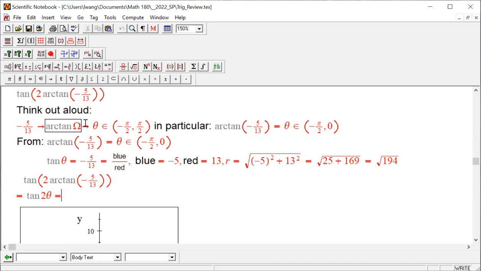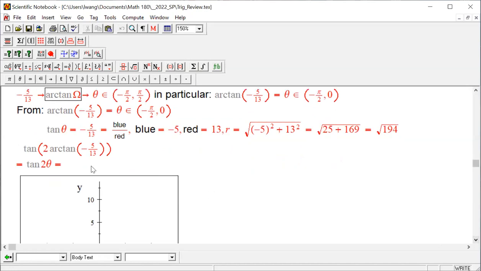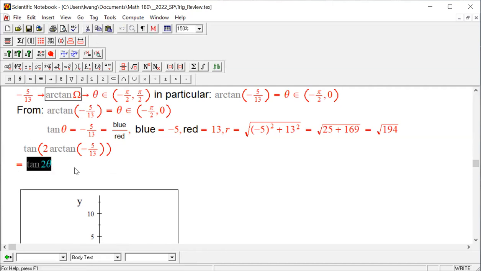Regarding the double angle, there are so many formulas. Let me derive one for you. To derive the formula for tangent 2 theta, we can use sine 2 theta divided by cosine 2 theta.